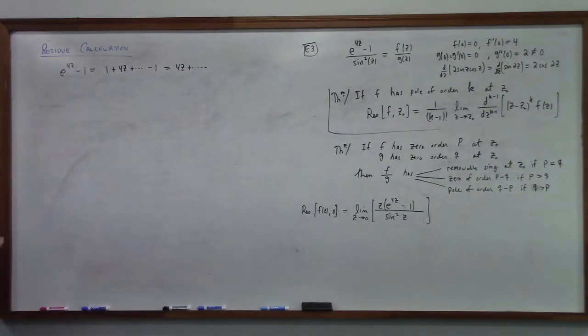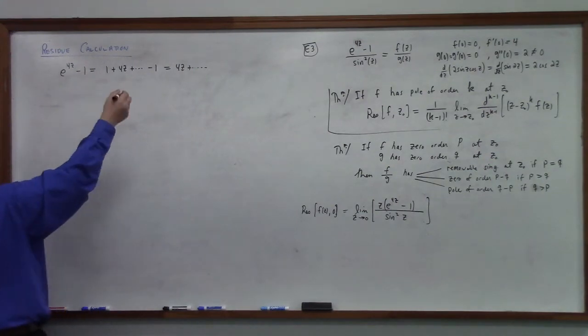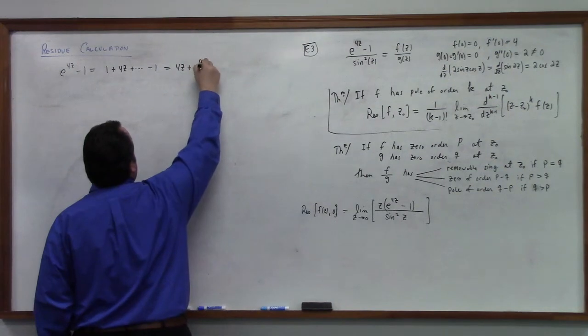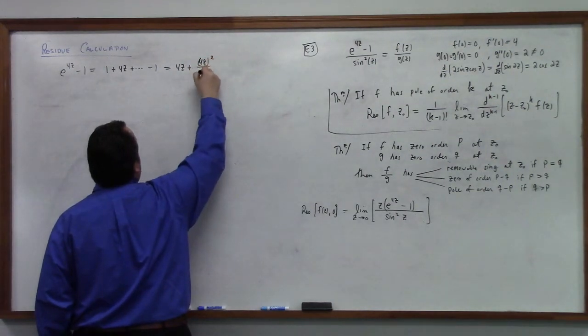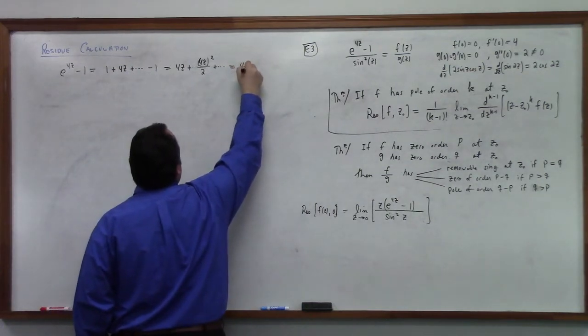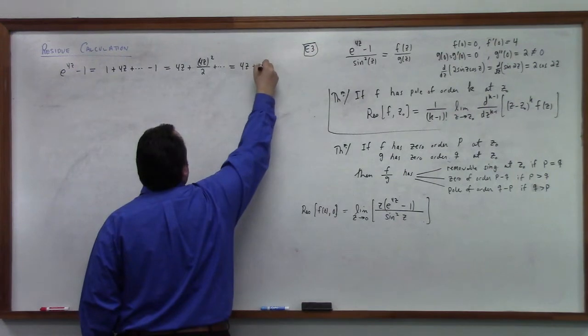I think all we need here is the 4z. If you want, I can do the next term. What's the next term up that I haven't included? It's 4z squared over 2, which is 16 over 2, which is 8. So 8z squared.